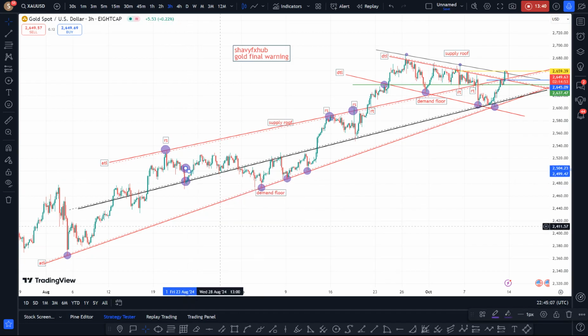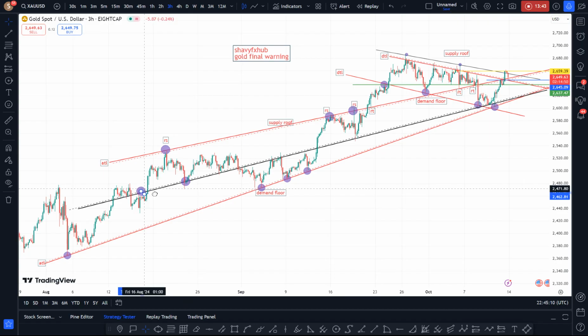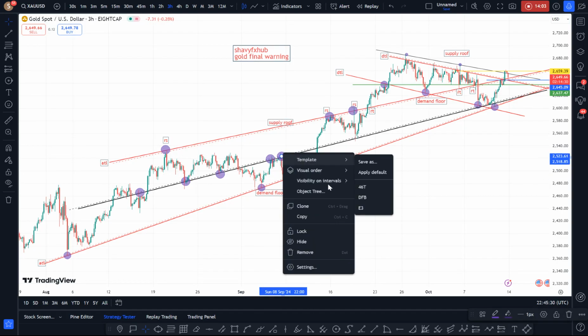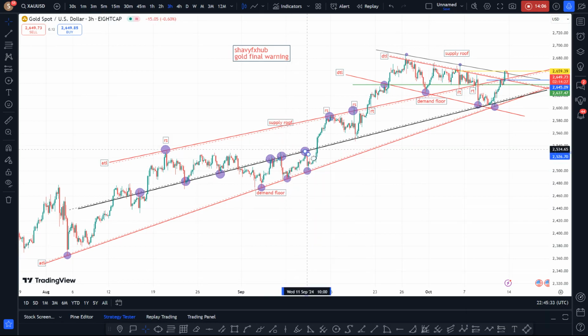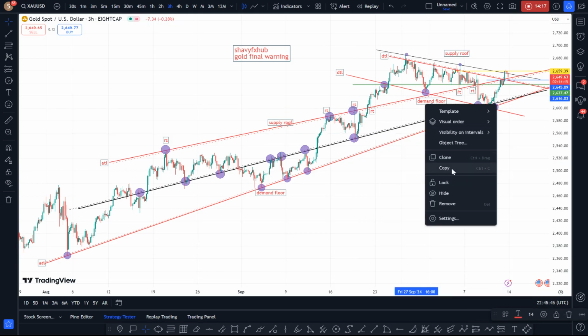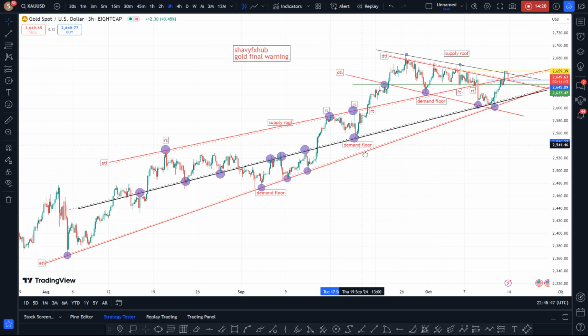You can see the structure, a break of a support structure, retest, a break of a resistance structure, retest, retest, a break of a support structure, retest, another retest, a break of a support structure, another retest, and the last retest, making here a demand floor due to the character.